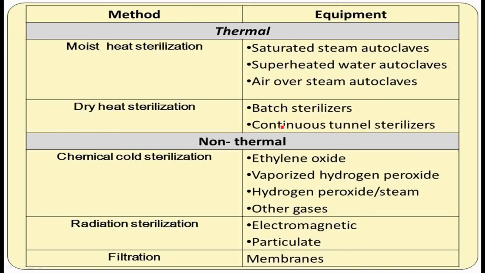When it comes to non-thermal sterilization methods, the first method is chemical cold sterilization. Equipment will be ethylene oxide, vaporized hydrogen peroxide, hydrogen peroxide or steam, and other gases.